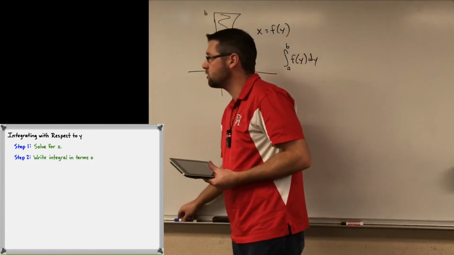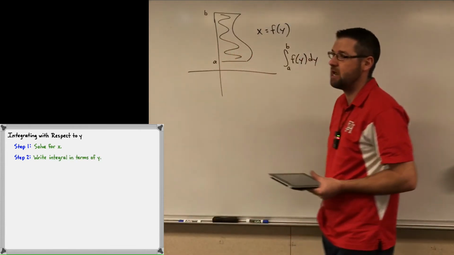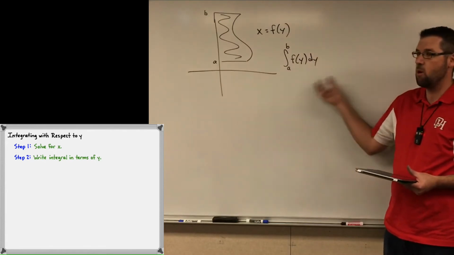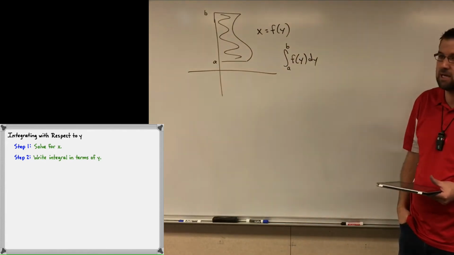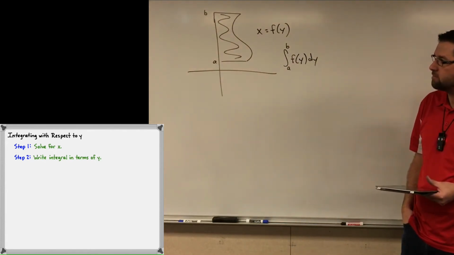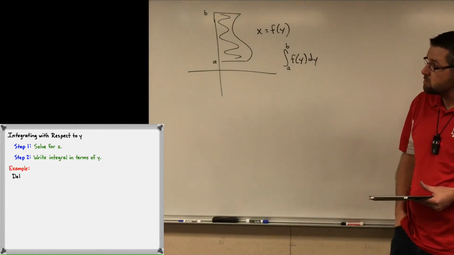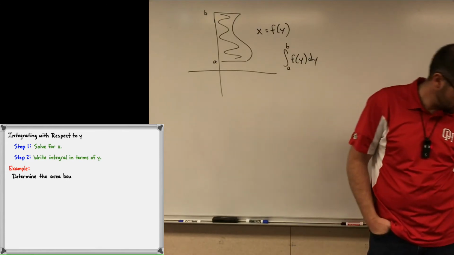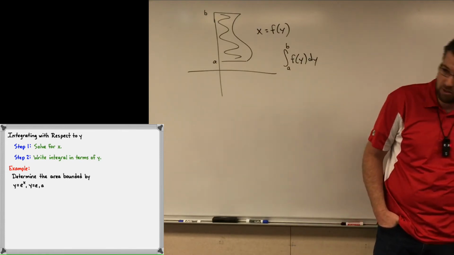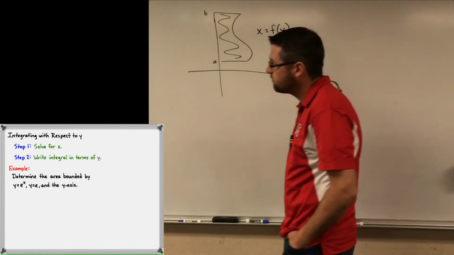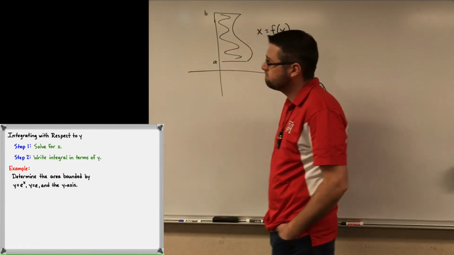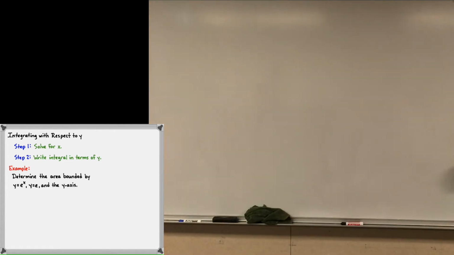Write the integral in terms of y. So that means you're going to have an integral of something in y dy instead of something in x dx. And then you evaluate the same way you have before. You just got to set up the equation and go. Yeah, it's that easy. Well, you just graph it, and then we'll talk about what to do from there.